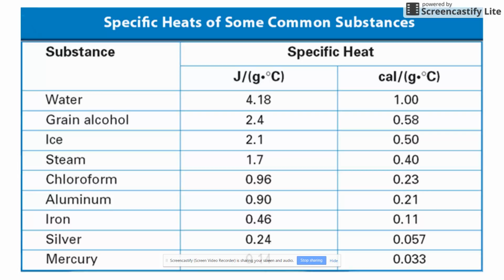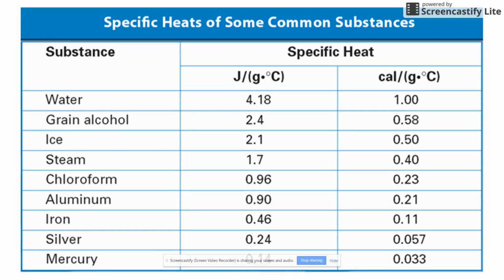Every substance has a different heat capacity, and here's a chart. On this chart, the highest heat capacity is water, and the lowest is mercury. Look at the right column, calories per gram times Celsius, and at water: 1 calorie per gram times Celsius is basically the definition of a calorie.